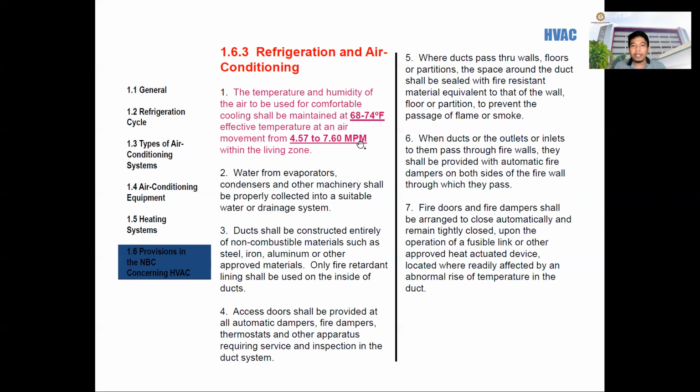I think that's meters per minute, so try to check that, and within the living zone.